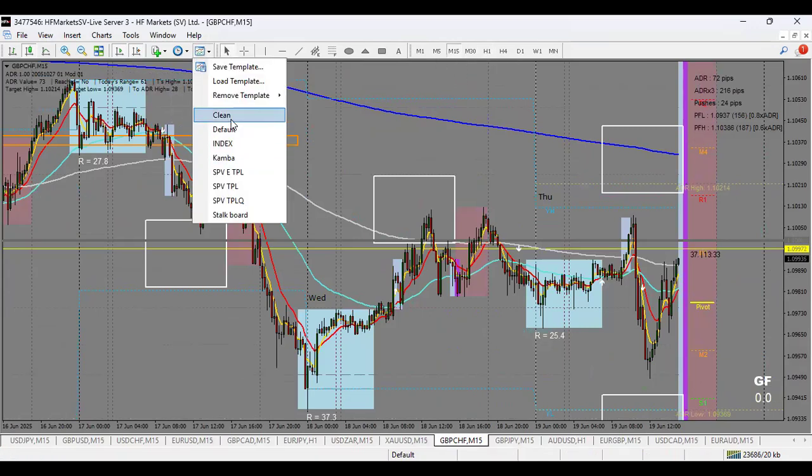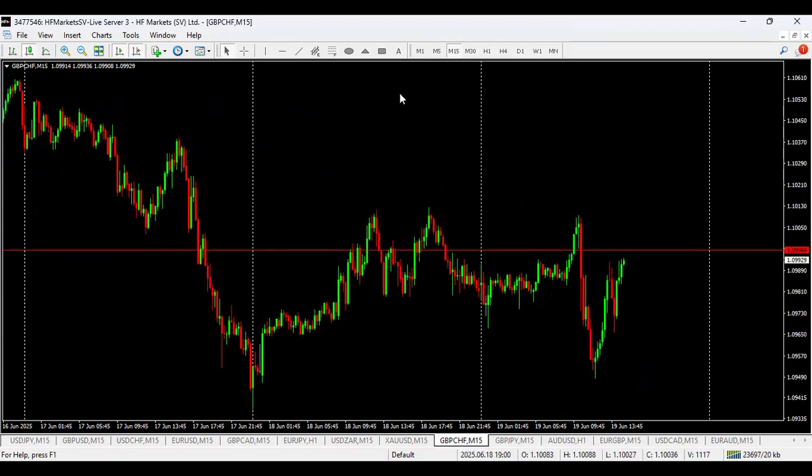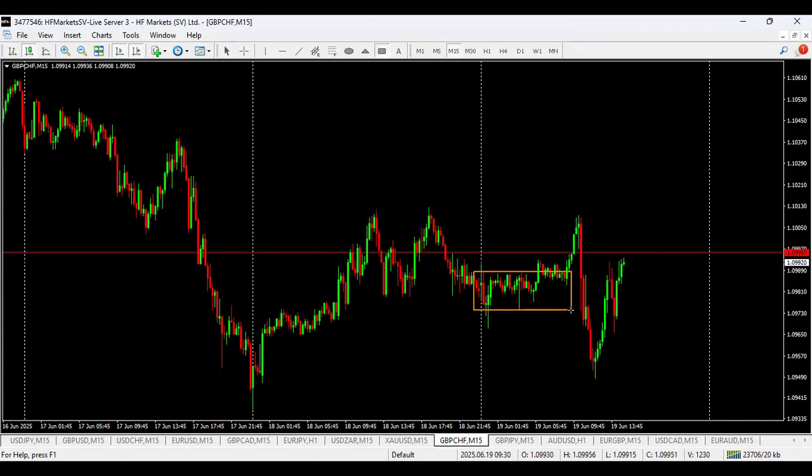So this is the same pound chart. For this day alone, the market did start its move with consolidation. This was a ranging market here, and we had a consolidation here.